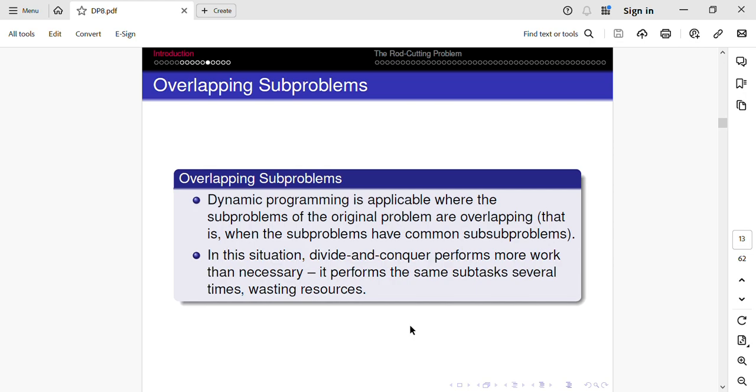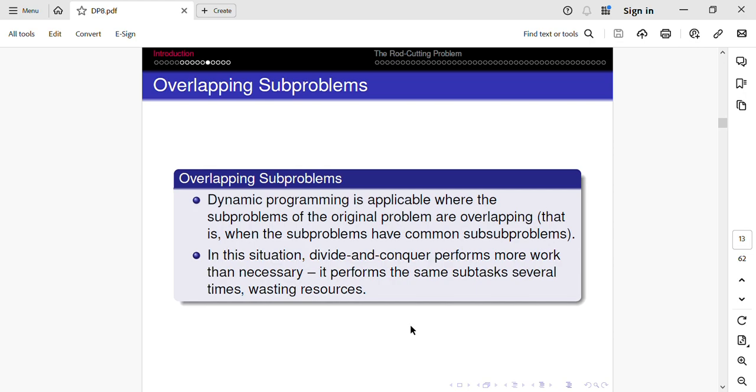That means if we break the original problem into smaller subproblems and again break them into smaller subproblems, there will be a lot of overlapping. And this is an important characteristic for those types of problems. DP will give a very good solution. In this situation, if we apply the divide and conquer algorithm, then it will perform much more work than necessary.